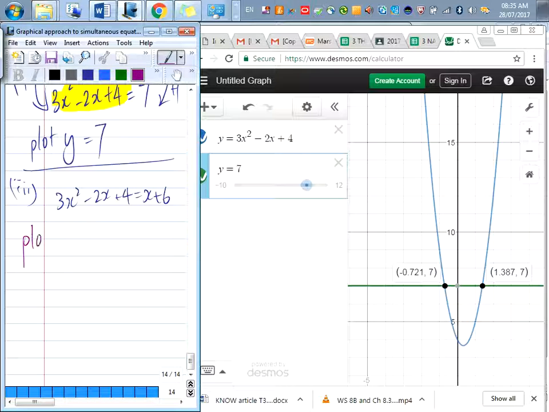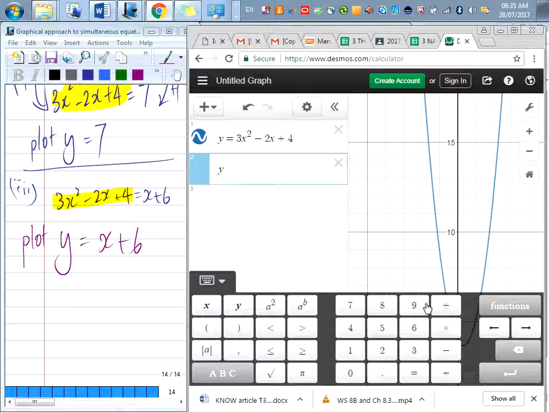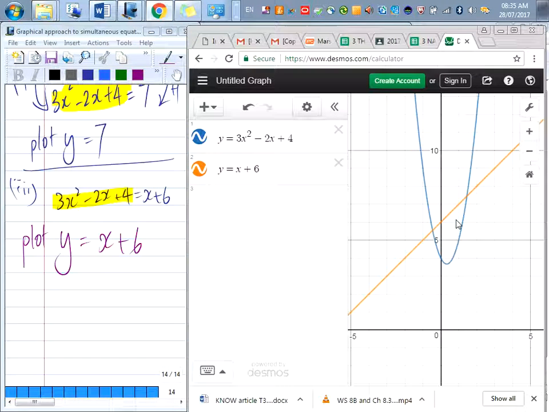Yeah, just plot y equals x plus 6 because the left hand side is already the same as what we had in our graph. So y equals x plus 6. Okay, two solutions. Over here and over here. Copy down the solutions.